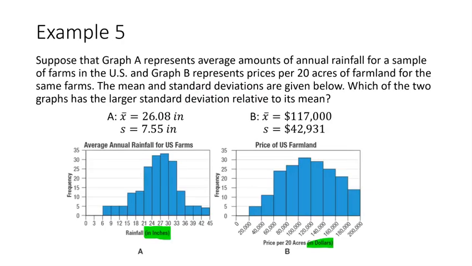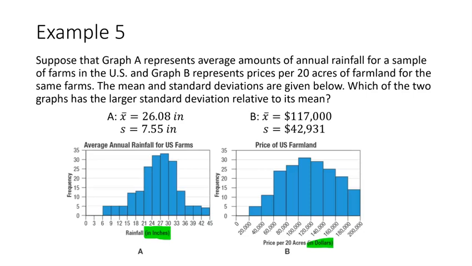So if I look back at my example 5 again, suppose that graph A represents average amounts of annual rainfall for a sample of farms in the U.S. And graph B represents prices for 20 acres of farmland for the same farms. Now they were nice and went ahead and gave us the mean and standard deviations outright.